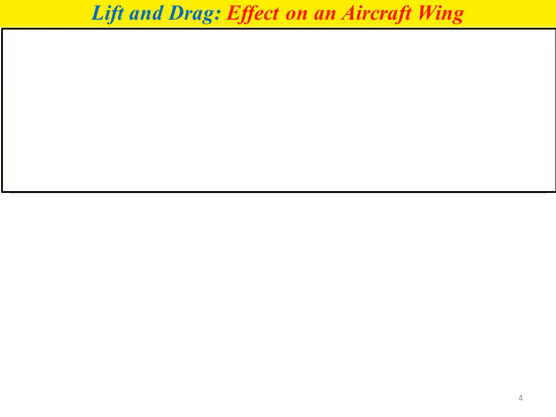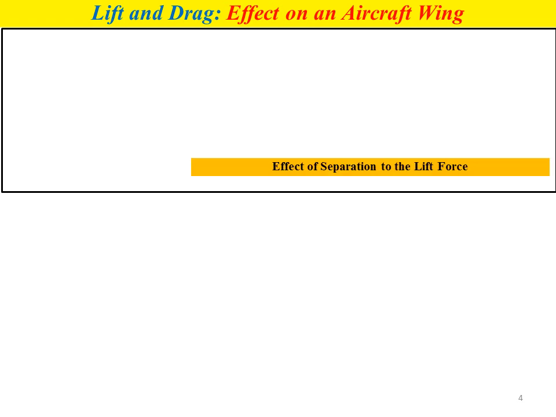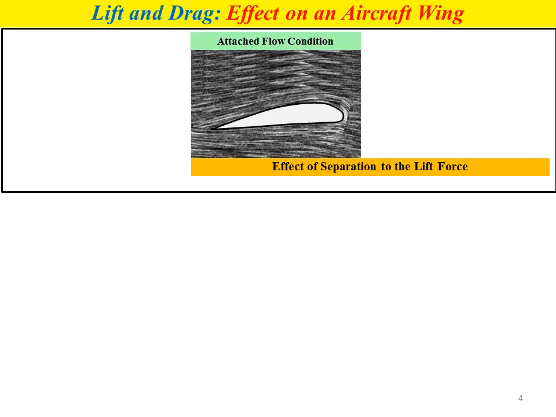Okay, now let us look at an example of the effect of lift and drag on an aircraft wing. Before that, let us discuss the effect of separation on the lift force. The figure shows the attached flow condition for the aircraft wing. The yellow line represents the upper streamline of the aircraft wing, where according to the Bernoulli equation, fluid with high velocity will produce a low pressure condition.